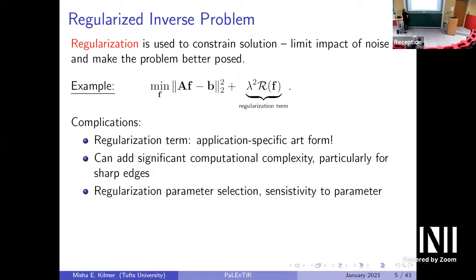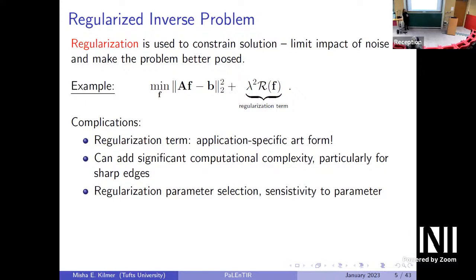This magical number lambda here is the regularization parameter. It tends to tell you how to balance this a priori information against the misfit. I tend to think of choosing this regularization term as an application-specific art form. So if you're working on a specific problem, it does take a lot of finesse to, in many cases, get the right choice for what that operator R should look like.